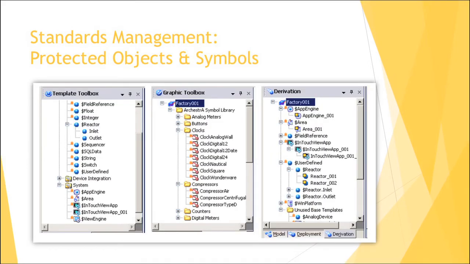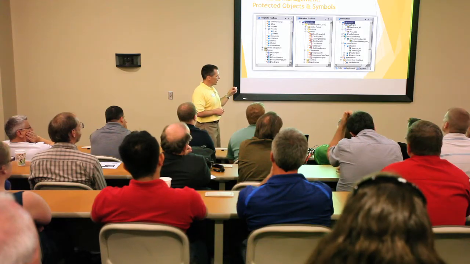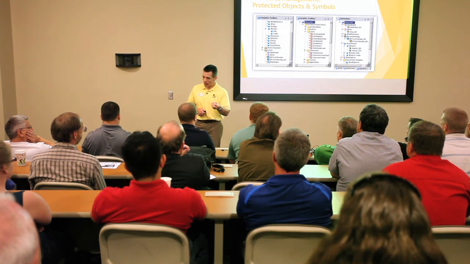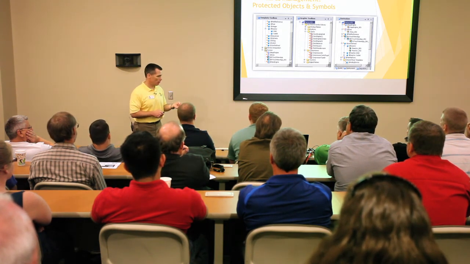Some other additions, you may have noticed when I showed the situational awareness, see this new little yellow symbol right here, and it may be a little hard to see on the window. That's actually a lock symbol. So one of the ways to promote standards, you can now create an object, create a graphic, and export that as a protected symbol.